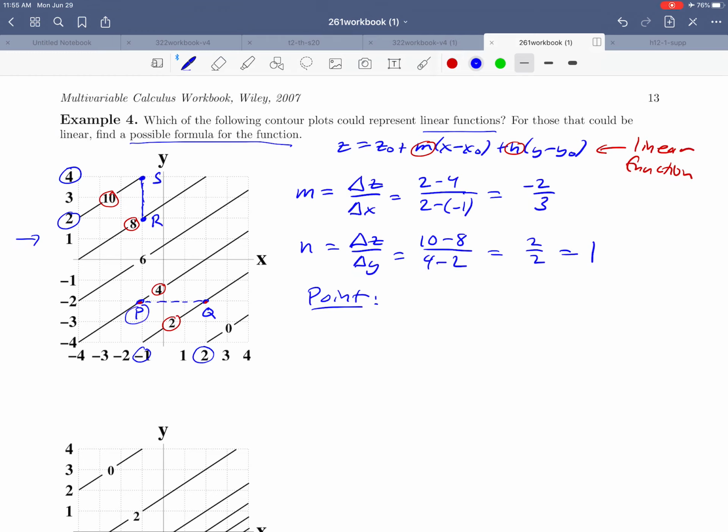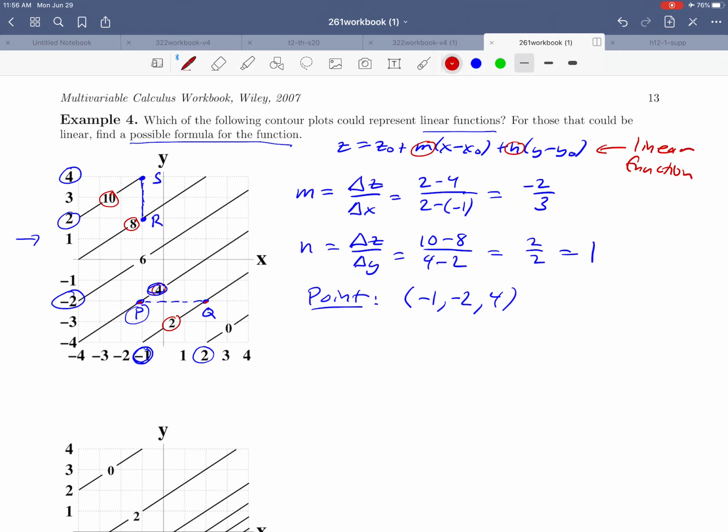What would the coordinates of P be? From the picture, we can see that the x-coordinate is -1. The y-coordinate is -2. And the z-coordinate is just the contour that we're on, which is this 4. So -1, -2, 4 is one point that's on our plane.